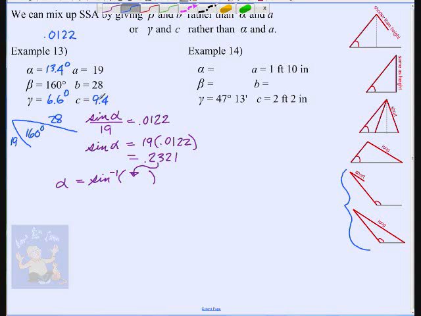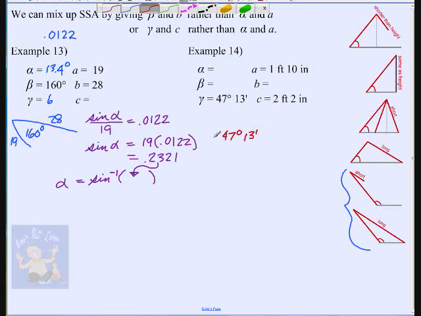Okay, let's do example 14 and see how this looks to us. We just have rearranged things. We're going to be working with this. All right, let's do our drawing. Now I'm going to call gamma this angle down here, which is an acute angle, 47 degrees, 13 minutes.